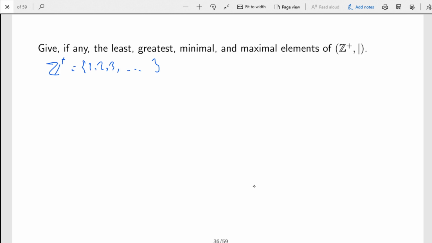Clearly 1 is below because 1 divides every other element.